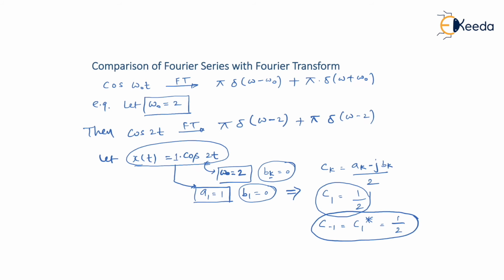So let us try to plot this ck plot. Let me remind you, our x of t is cos of 2t, for which now I got the c1 value as 1 by 2 and the c minus 1 value as 1 by 2 only.